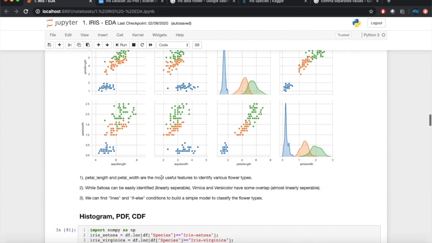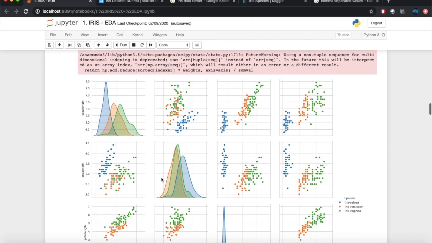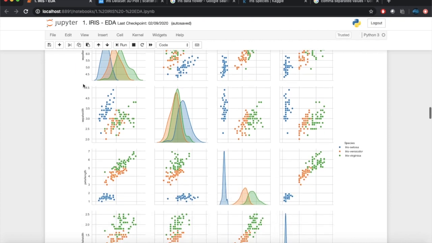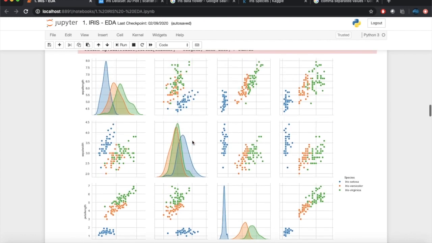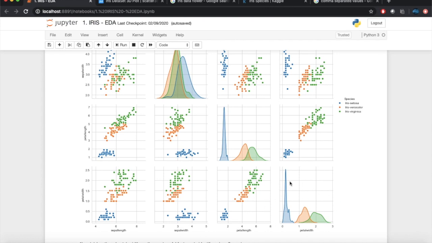Here you can see it. The y-axis has sepal length, sepal width, petal length, petal width, and so does the x-axis. Don't worry about these, we will see them later.